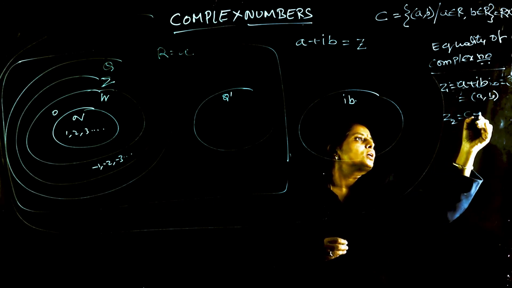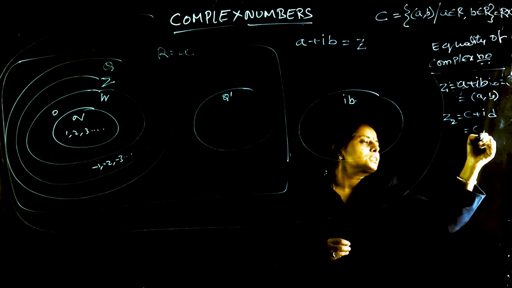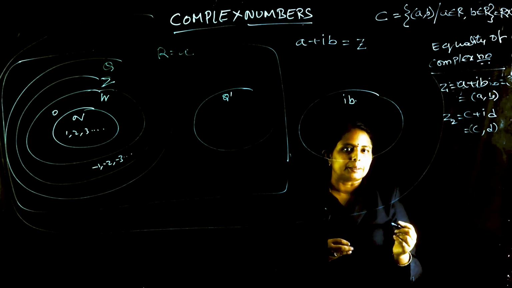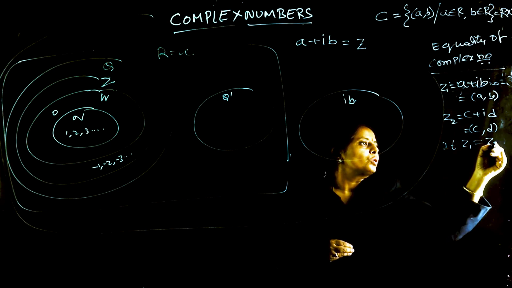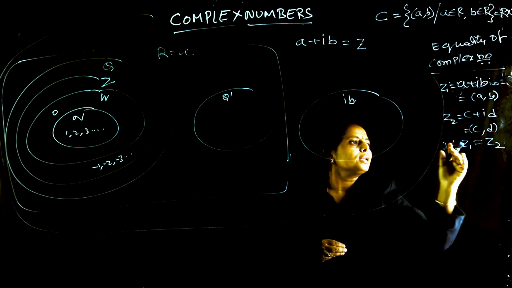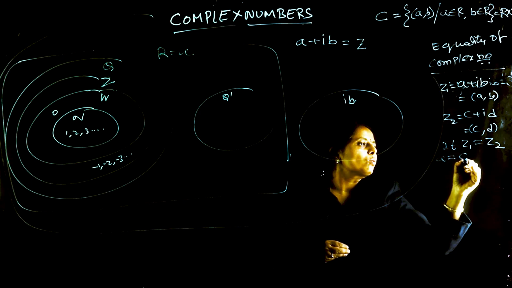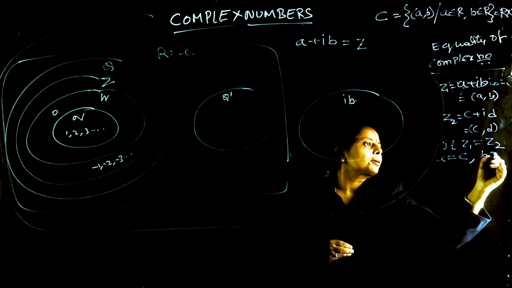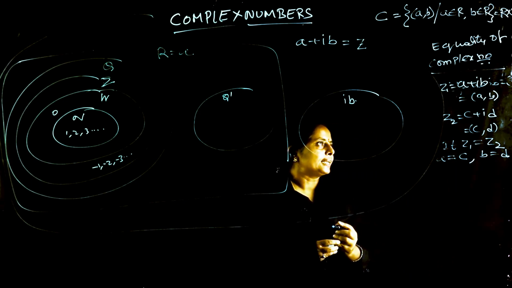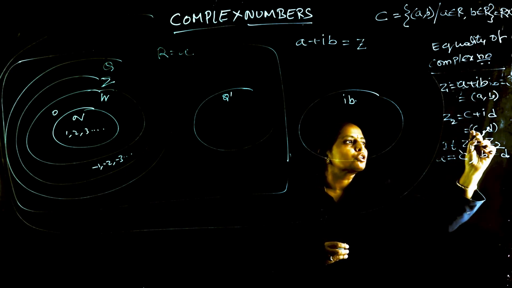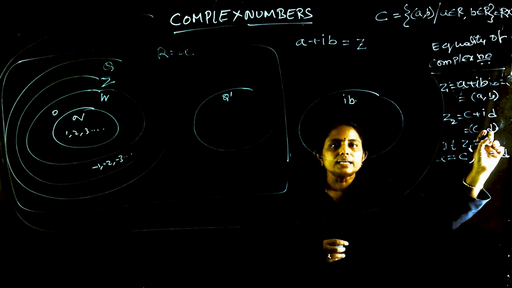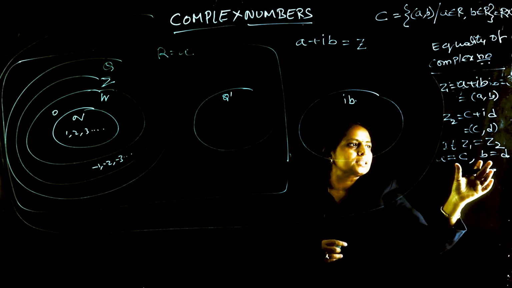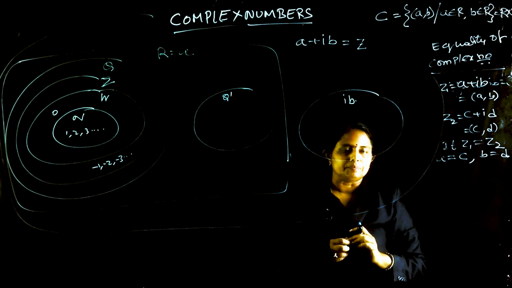Z2 is equal to c plus id, which is equal to (c, d). If Z1 equals Z2, when is it possible? Only when a becomes equal to c and b becomes equal to d. That is, the real part should be equal and the imaginary part should be equal. Only then we say that the two complex numbers are equal.